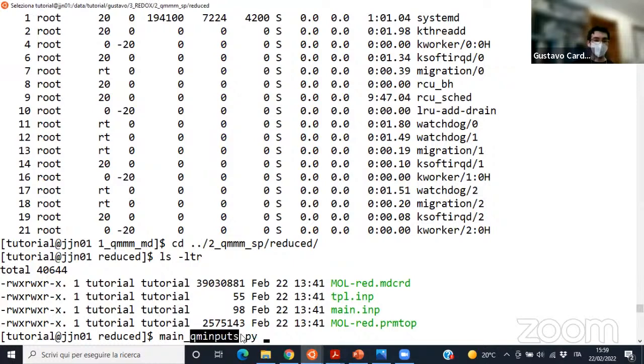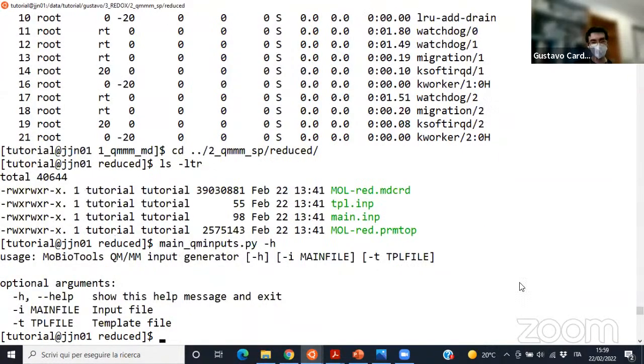You should have the auto completion here. So main qm inputs.py, then use the -h option. The program is going to take 2 inputs, a main input file, which is called main here, and a template.